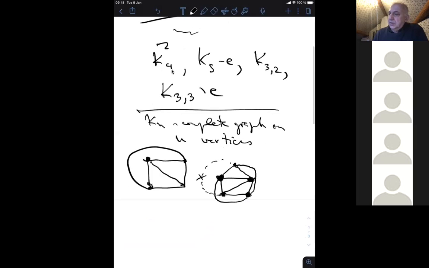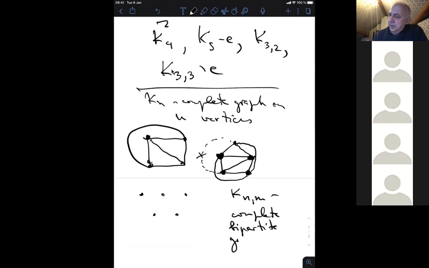Okay, K32. K32 is a complete bipartite graph on 3 and 2 vertices. I recall that Knm is a complete bipartite graph on n and m vertices. It has two groups of vertices, one consisting of n, another consisting of m, and each vertex in the first group is connected to each vertex in the second group and nothing else.